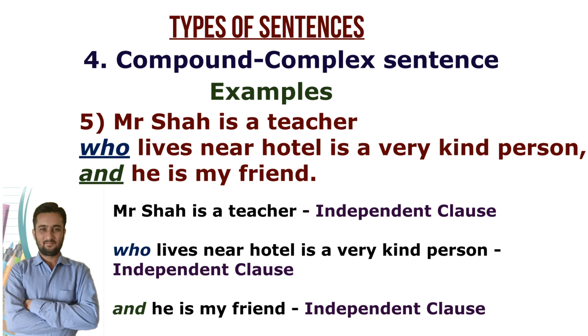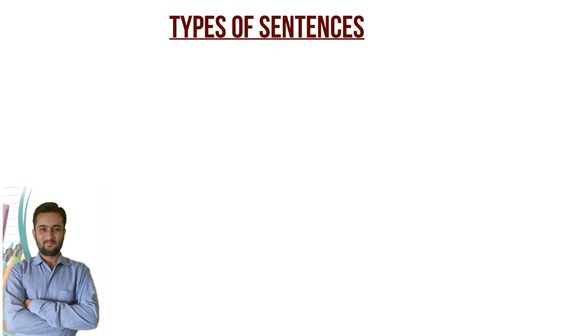So this part is called dependent part. And last one, and he is my friend. So this part is also independent part, but it starts with the coordinating conjunction word and. So here also two words, who is a subordinating conjunction word and and is a coordinating conjunction word. So in compound complex sentence you will find one subordinating conjunction word and one coordinating conjunction word.